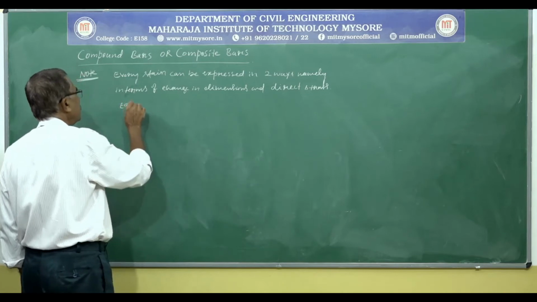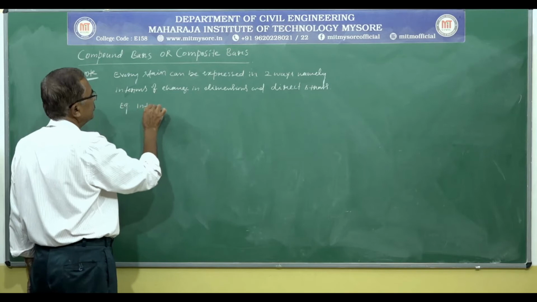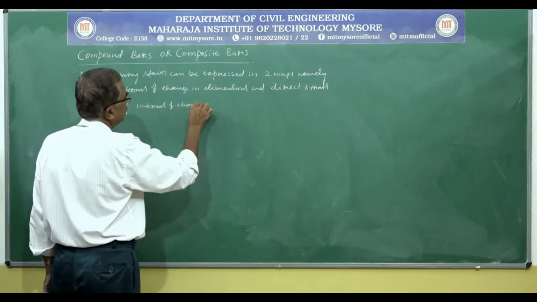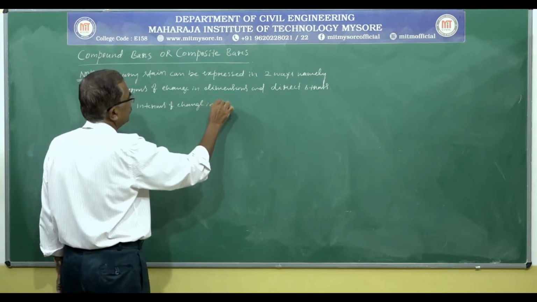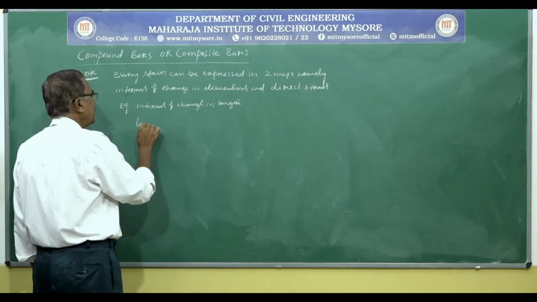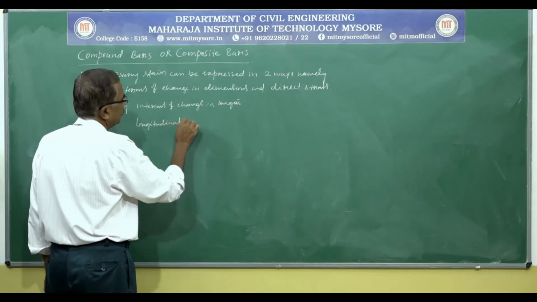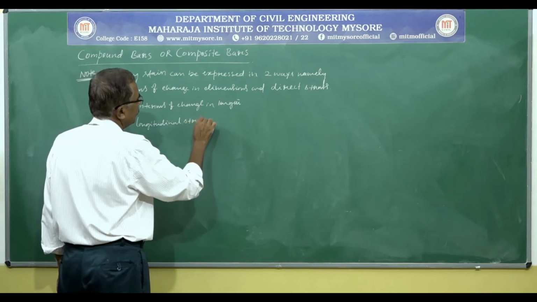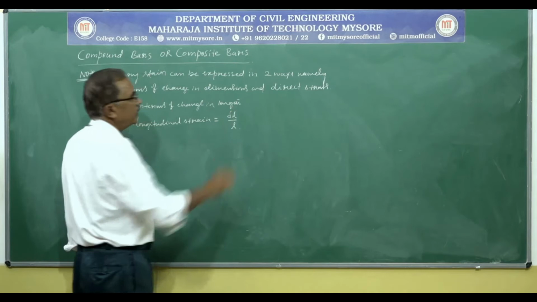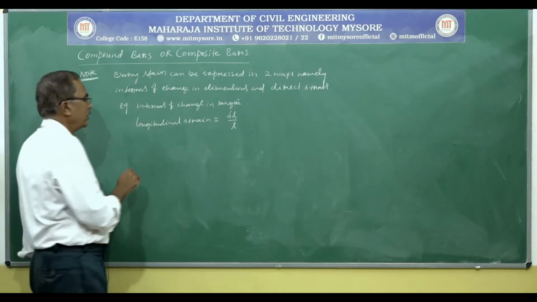Example, in terms of change in length, longitudinal strain is equal to delta L by L, where delta L is the change in length and L is the corresponding original length.